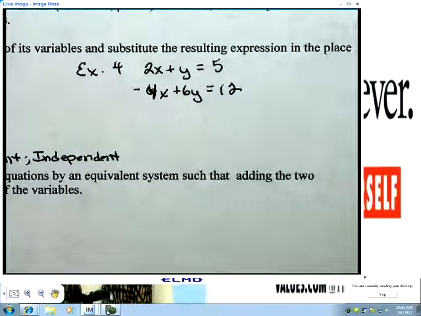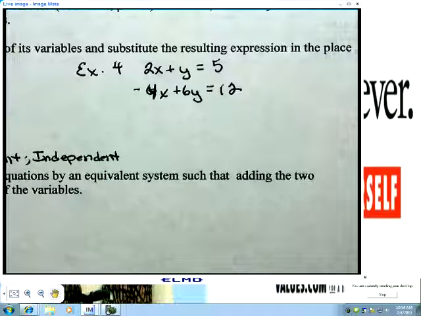This is a tiny bit more difficult than the first example because both equations have two variables in them. I can't just look at one of the equations and go, well, obviously x is blah, blah, blah, or y is blah, blah, blah. Can't do that. However, it is easy to get one of the variables in one of the equations completely by itself.